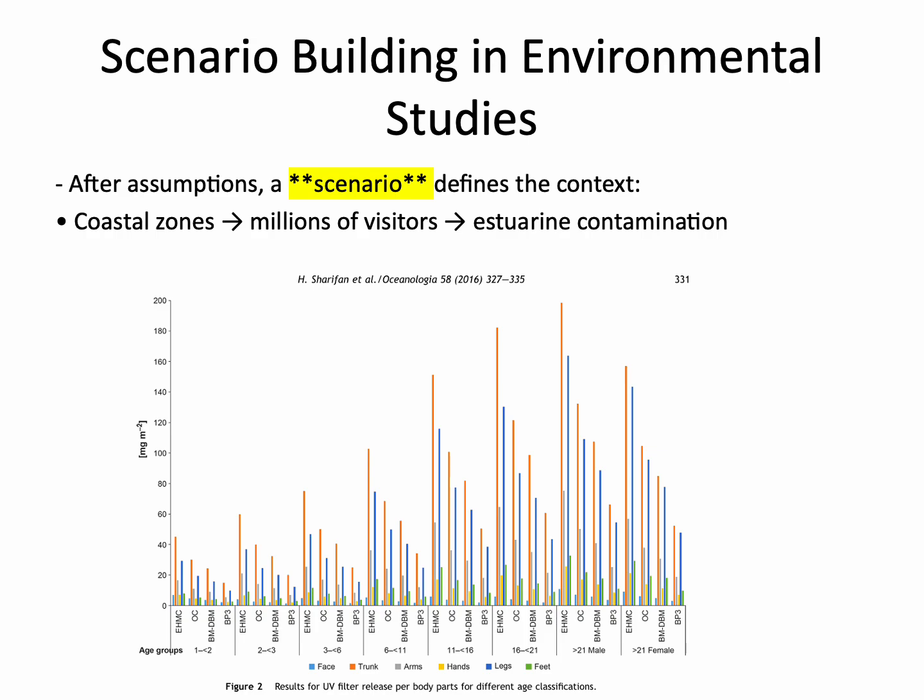So based on that, I came up with different numbers and different release in milligram per square meter of the body, per square meter of the beach. So per square meter of the beach, how much would be released from face, trunk, arms, hands, legs.